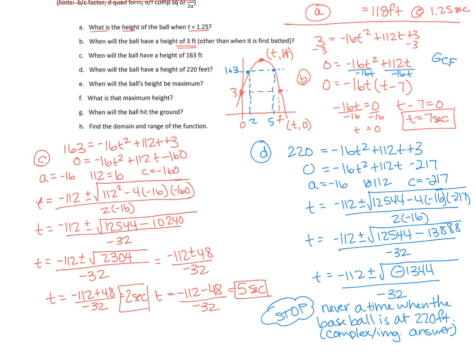So the moment I see that underneath my radical is going to give me an i answer, I'm going to stop, because that means that time doesn't really exist. So again, I don't really know, because I don't know my max yet, but somewhere up here is 220 feet. And my ball just doesn't get to that height. It just never is that height. And that's how I know, is because I got the imaginary answer.